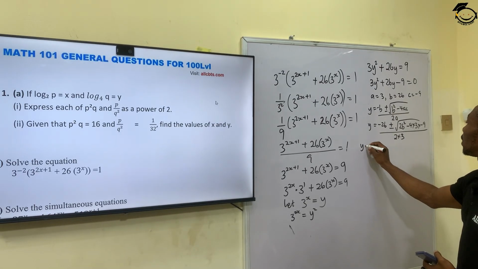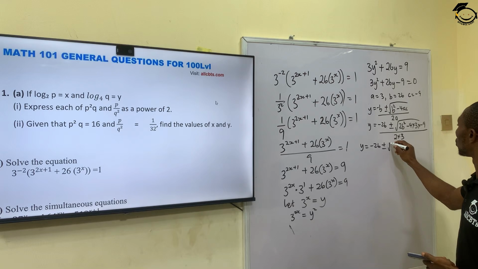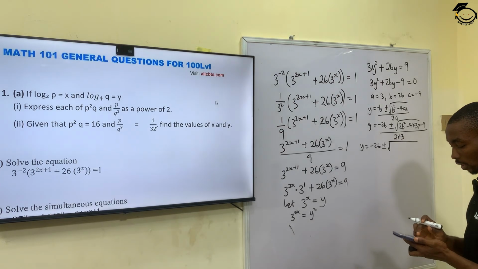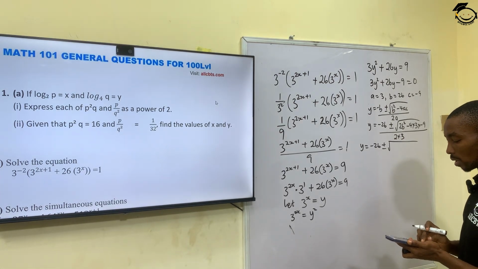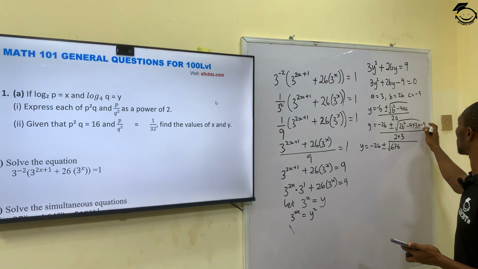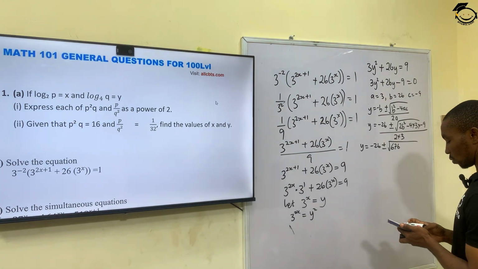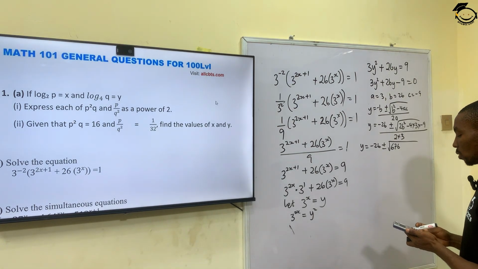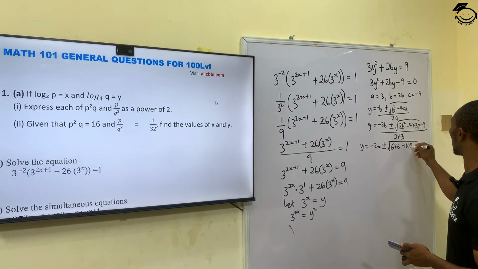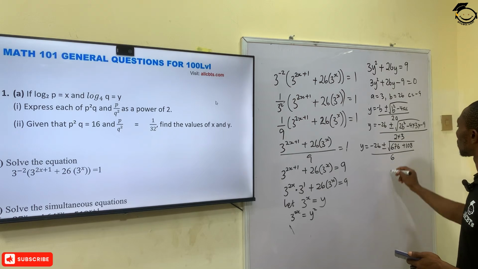So our y equals minus 26 plus or minus root 26 squared, which gives us 676. Now minus times minus is plus, so 12 times 9 will give us plus 108, all over 2 times 3, which gives us 6.